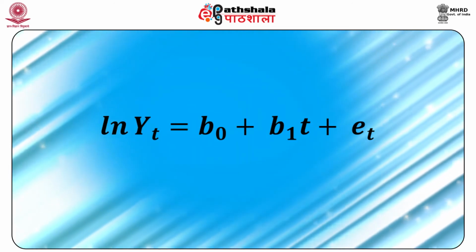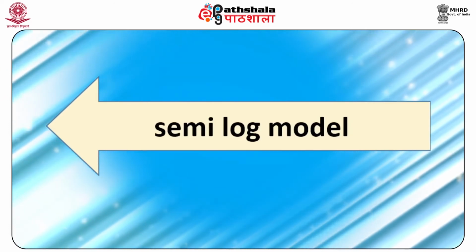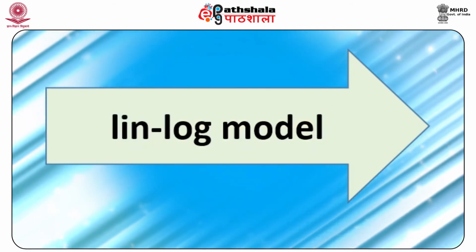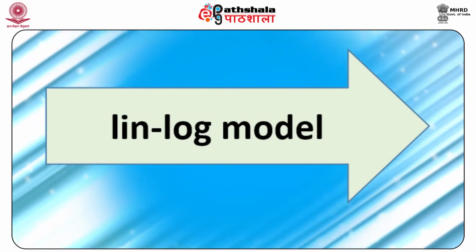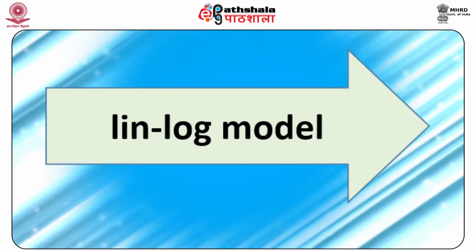This model is known as the semi-log model, because you can see that only one variable is in log form, and here the explanatory variable is linear and the dependent variable is in log form. So it is called the log-lin model.